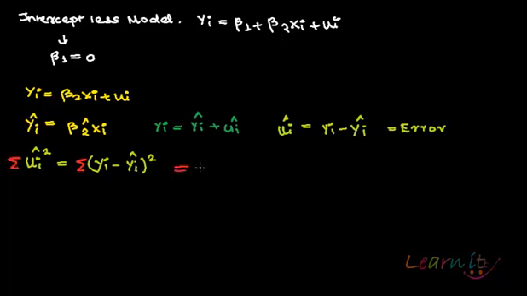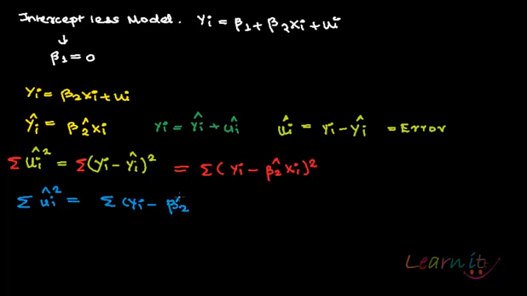In place of yi hat, let me write beta 2 hat xi. Now I have this equation, which is summation of ui hat square is equal to summation of (yi minus beta 2 hat xi) square.